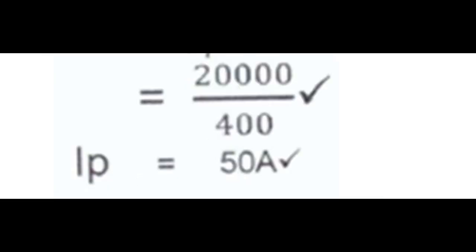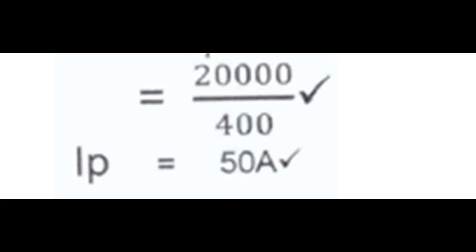And then make Ip the subject of the formula. Ip is equal to S over Vp. We know that the apparent power was 20,000 divided by the primary voltage, which was 400 volts. And then Ip is equal to 50 amps.